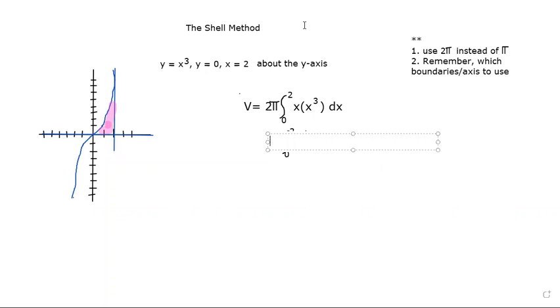Okay, now what's the antiderivative of x to the 4th? As we know, that's going to be x to the 5th over 5.